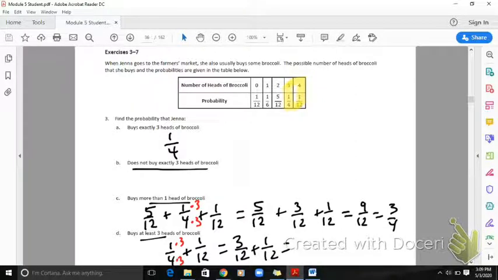If we add those together, we get 4/12, which simplifies to 1/3. So that means the probability of her buying at least 3 broccoli heads is 1/3. So hopefully that isn't too bad. Really, we're just adding the probabilities of different events together.